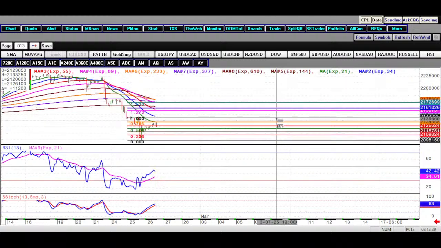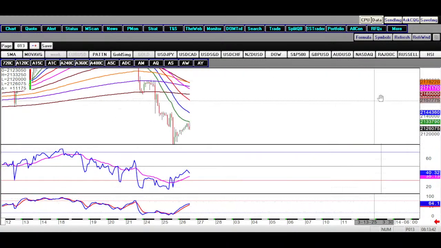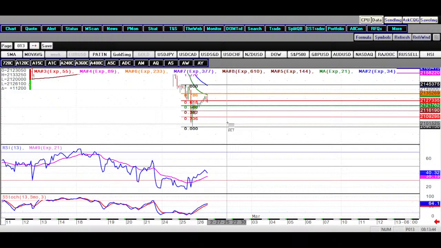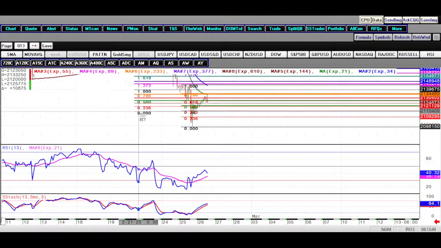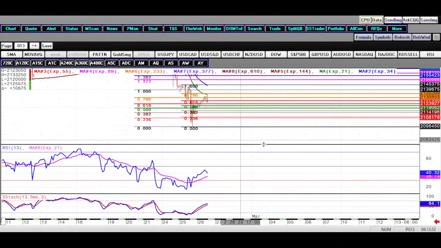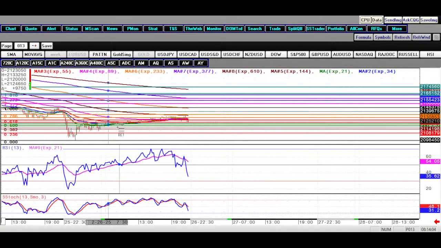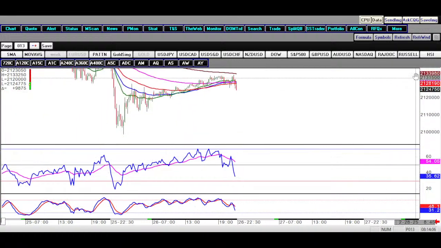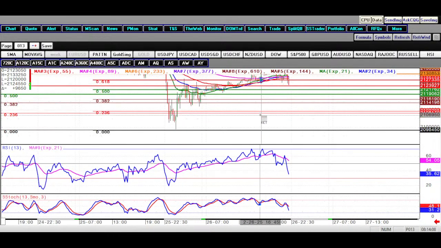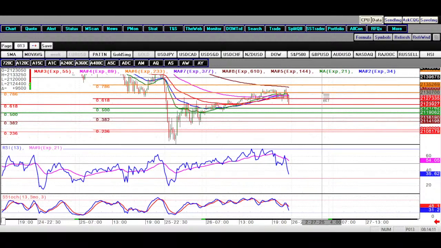Then on the hourly, we are expecting this market to turn before 21400. Right now the high is 2133. Then on the 15 minute, it looks like we may have seen the high.